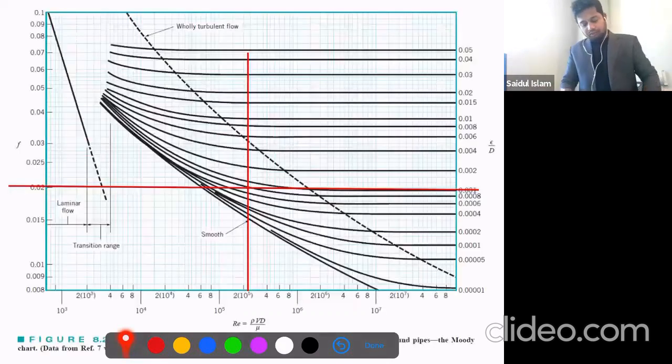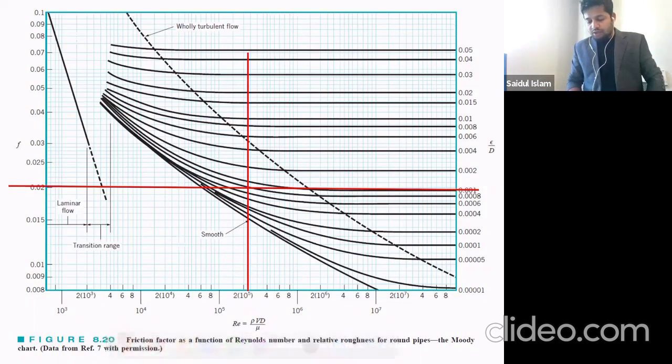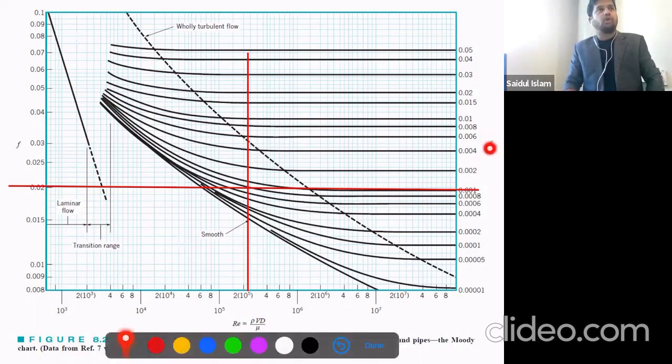And this is the Moody diagram. It will make your life complex. You will see two different things we need. One is the Reynolds number, the other one is epsilon over d. So this epsilon over d is the ratio of the relative roughness and the diameter of the pipe.